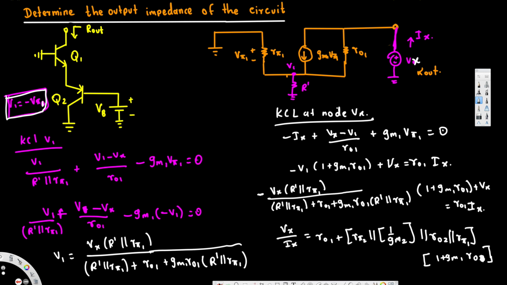And that is because Vx over Ix is equal to Rout. That's what we are trying to find.